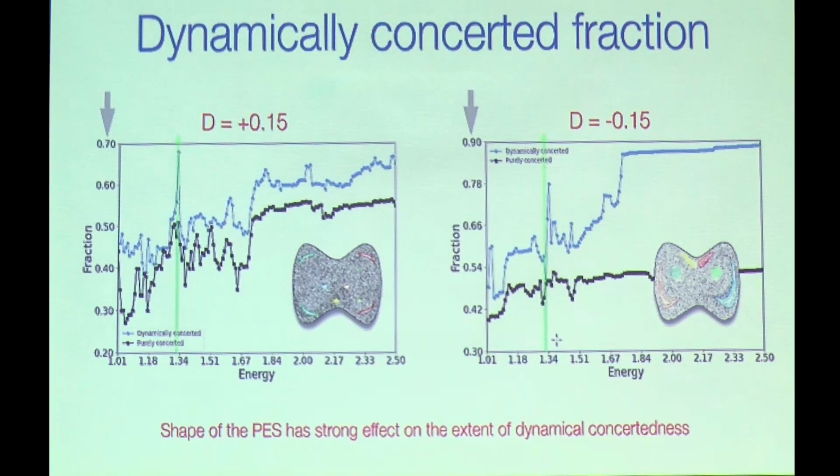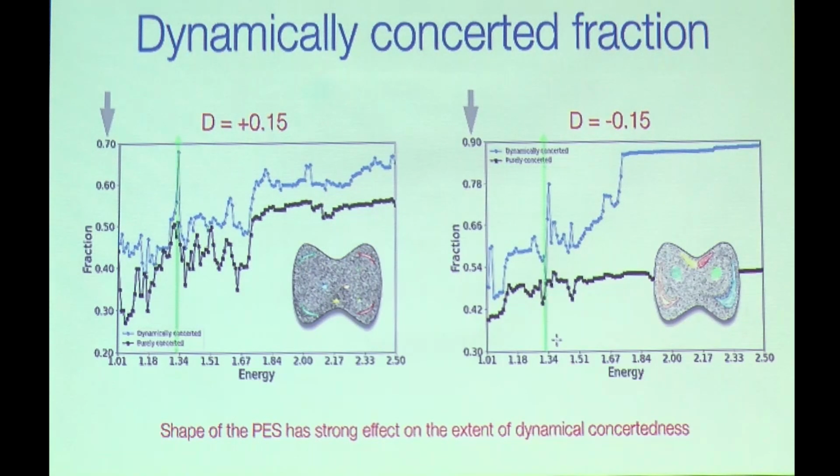And we say, all right, now that we have this, let's ask this question. That was at a particular energy. If I look at the fraction of dynamically concerted trajectories as a function of energy, as I go up and up above the rank 2 saddle, what does this fraction look like?